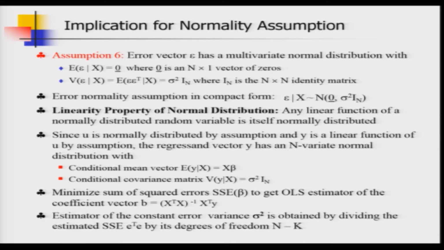So, in a compact form we can say that the error normality assumption results in this expression: epsilon given data matrix X follows normal with mean vector of 0 and covariance sigma square I n. The sigma square I n is a variance covariance matrix where the covariance items are all 0 because of the assumption of 0 serial correlation.